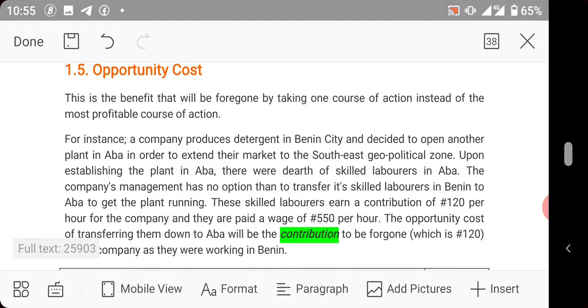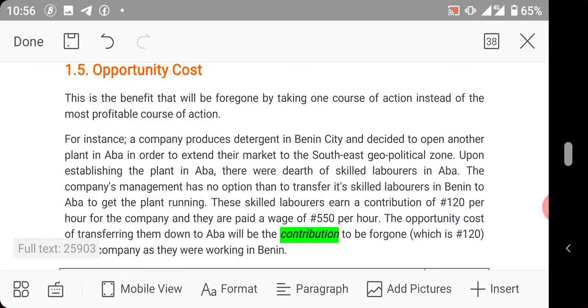Now, the management came up with a plan to move into another region, which is market development. This strategy of market development was looking at the southeast region of the country, and for us to achieve this strategy, we decided to build a plant in one of the commercial cities in the southeast, which is Aba.